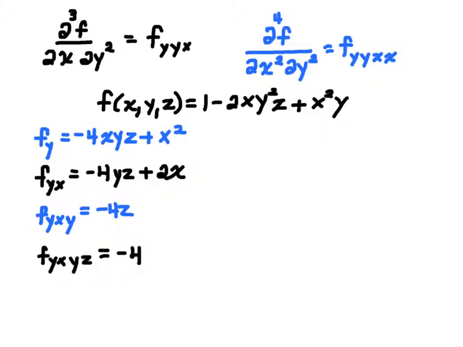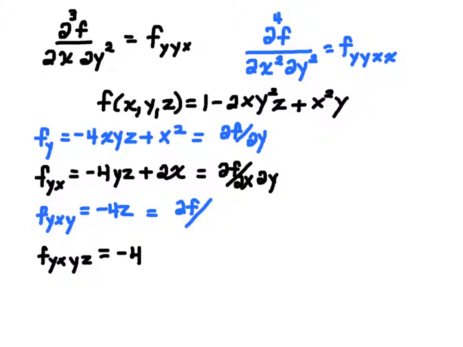And if we look at the different ways to write these, the partial derivative of f with respect to y can be written this way, and this one, the partial derivative of f with respect to y first, then with respect to x, can be written this way. And here we have the partial derivative of f with respect to y first, then with respect to x, and then again with respect to y.